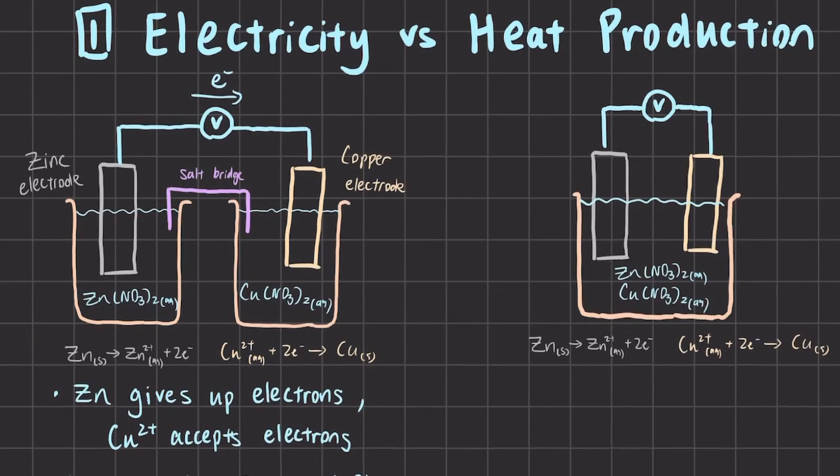So we have both zinc nitrate and copper nitrate in this one beaker. And just to make it clearer, I'm going to represent the types of ions that we have in solution. So we have zinc 2+, copper 2+, and nitrate ions. Also, there's no salt bridge because there's actually no charge buildup, but that's not really important, so I'll focus on the important thing. So what's happening in this cell?